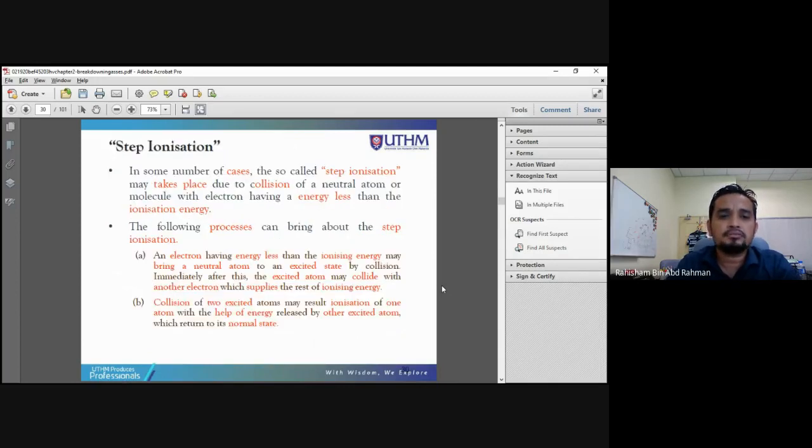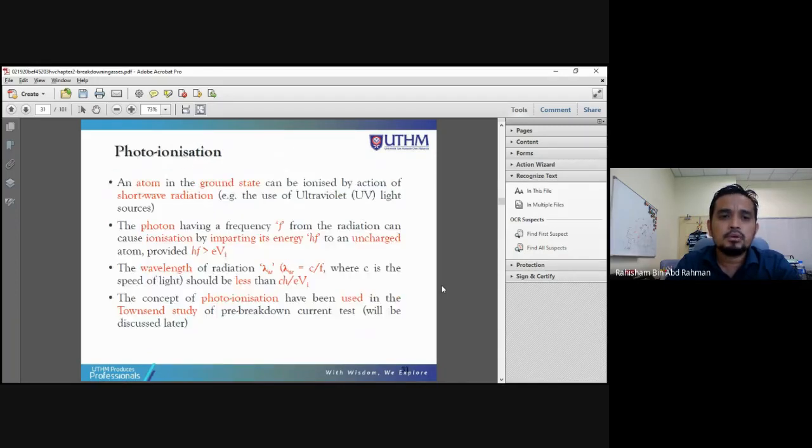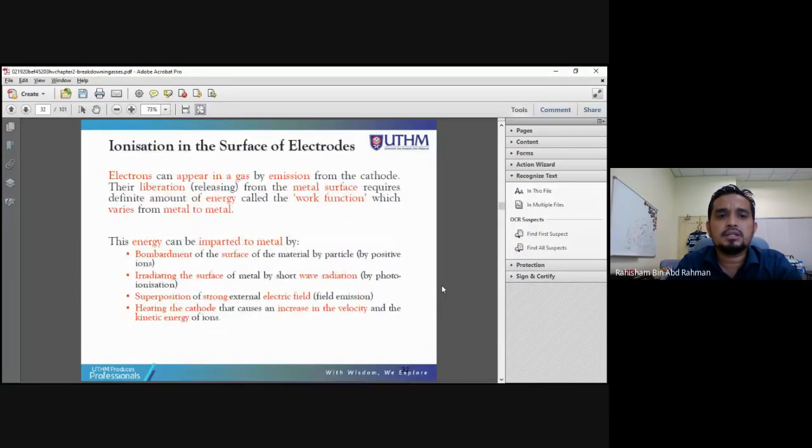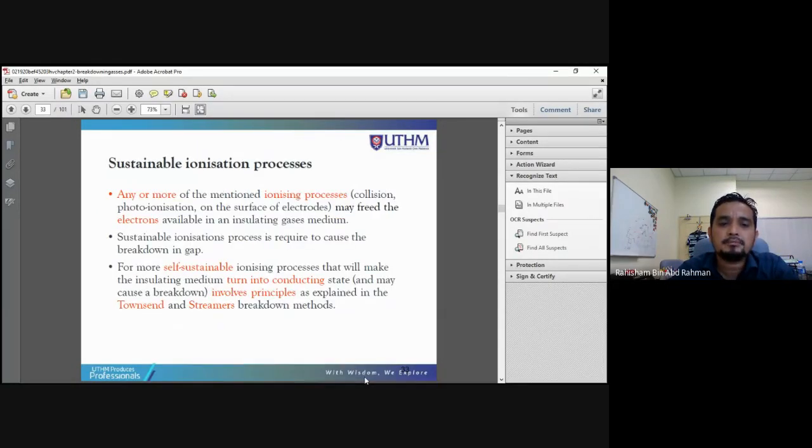At least you should be able to explain what step ionization is, what photoionization is, and what ionization at the surface of the electrode is. These are the methods by which ionization progresses within the dielectric material and leads to total breakdown.